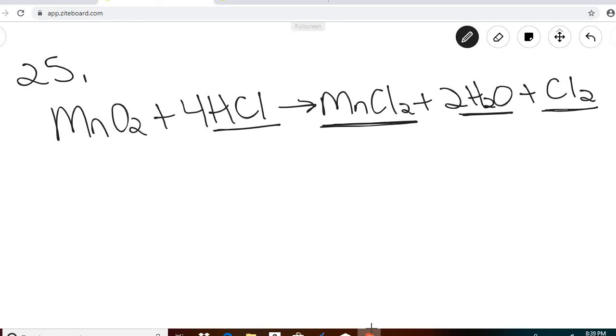What is the limiting reactant? Since all of these things are present, that means they're not the limiting reactant. For the hydrogen chloride, if it's still present, that means there's more of it that could be used in a reaction. So the limiting reactant must have been the manganese oxide.